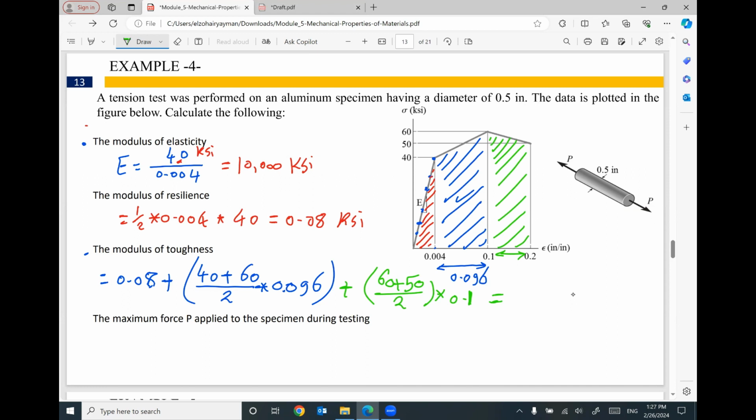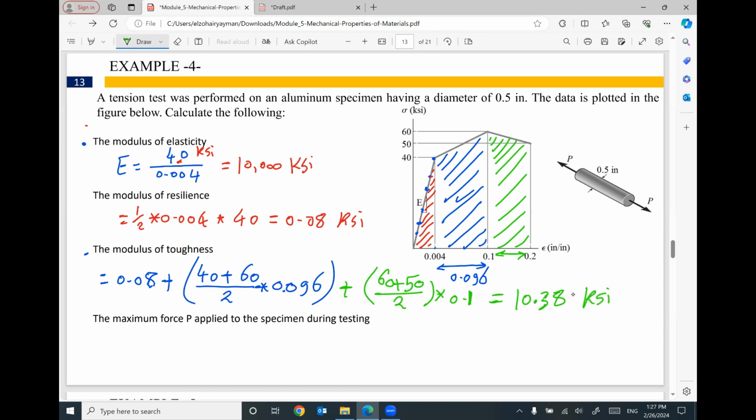So we have 40 plus 60 divided by 2 times 0.096, plus 60 plus 50 divided by 2 times 0.1, plus 0.08. So the total area under the curve will be 10.38 KSI.